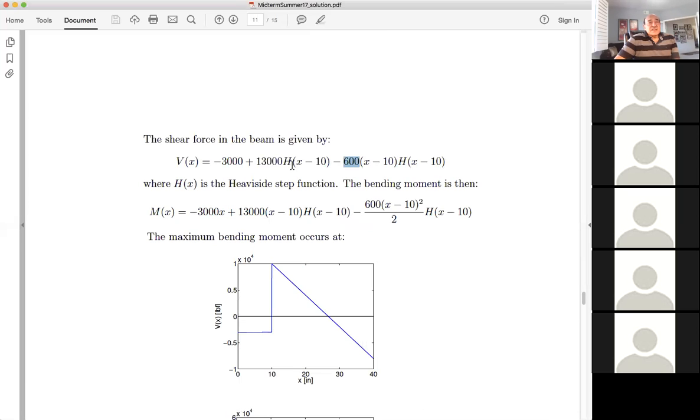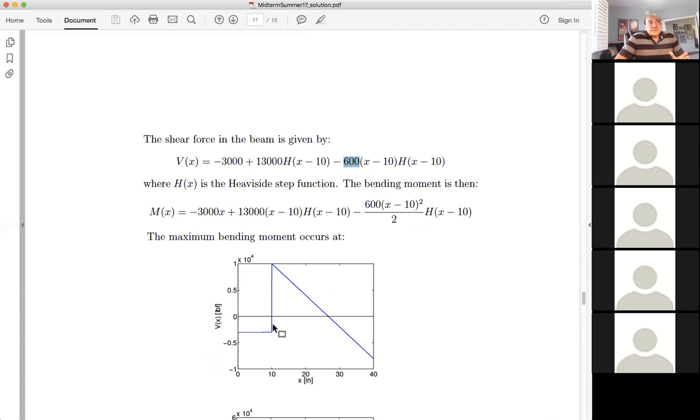So the Heaviside is what we learned in singularity functions, to the power of 1, and then we can integrate it and proceed to get the distribution. So this is one way.